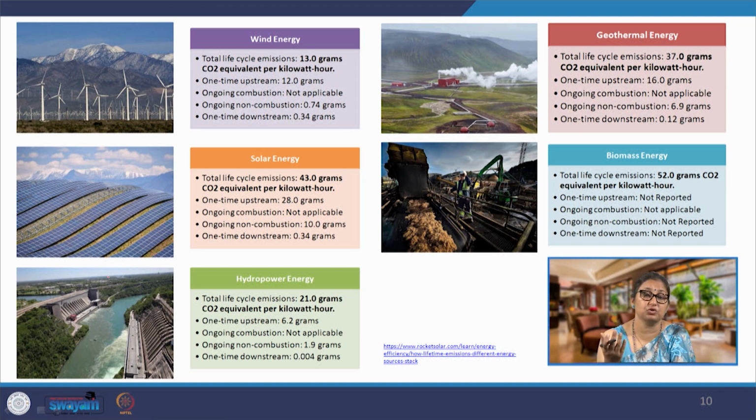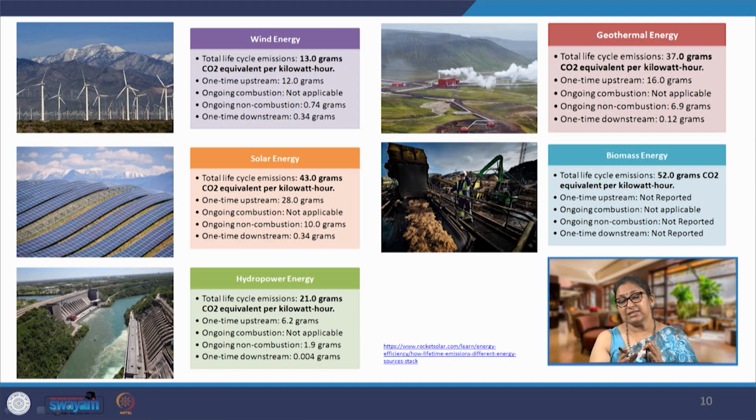If it is offshore, in that case the base making, the transportation, everything is a one time emission causing activity, the upstream emissions. If we are looking at hydropower, the large dams that are being designed and constructed will all have very high one time upstream emission.